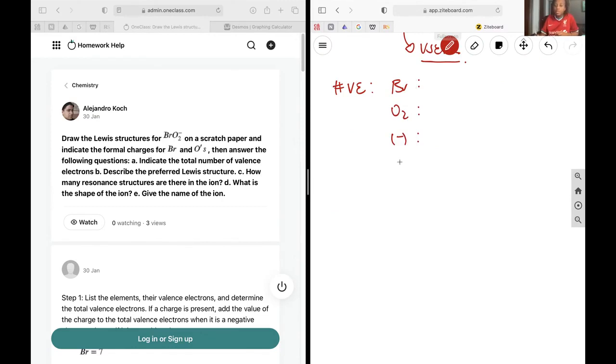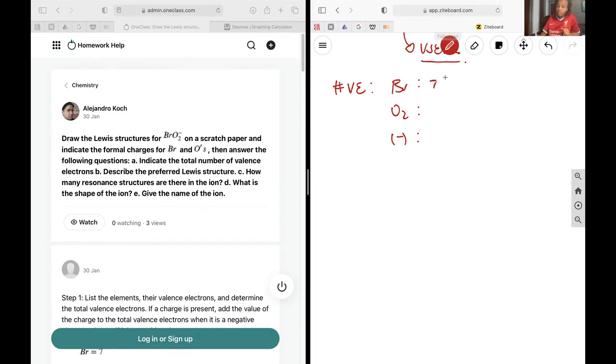A neutral charge would mean that my number of protons equals my number of electrons, and the two cancel perfectly, yielding a net charge of 0. But a minus charge means that I have an extra electron compared to the number of protons. So when I'm counting the valence electrons, I'm going to need to add that extra electron, which is why I need to keep note of the charge.